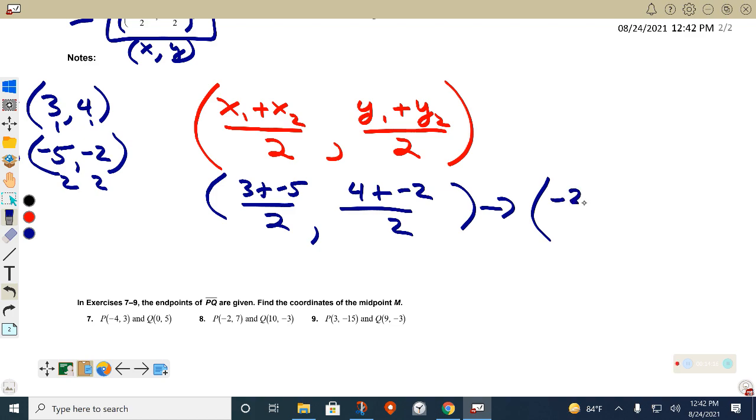So I'm going to put a -2 here over 2, comma. And then 4 plus a -2, that's going to be +2, because the sign of the bigger number is positive, and I have to subtract. 4 minus 2 is 2, and I take the sign of the bigger number, which is +2, divided by 2. So I'm just simplifying the numerator. Moving right along.